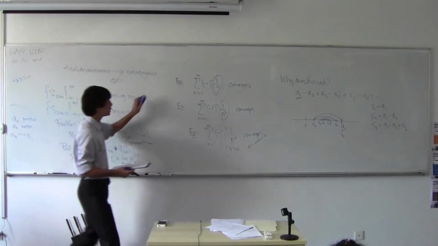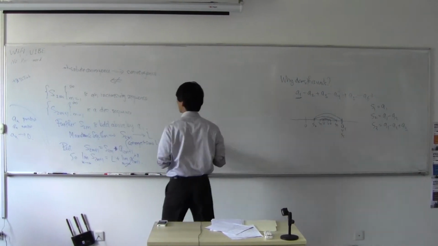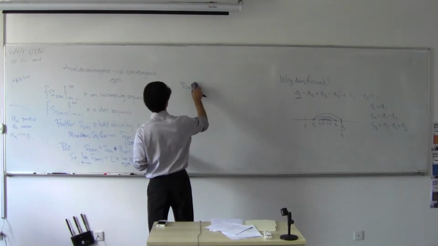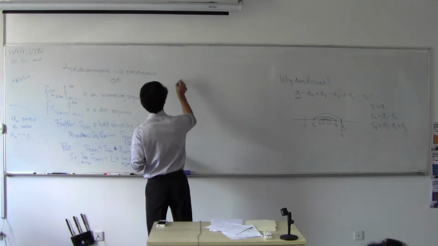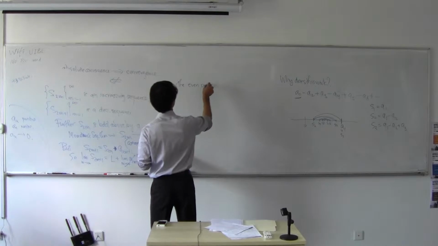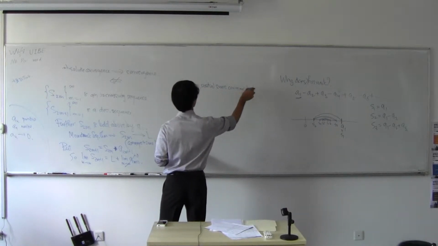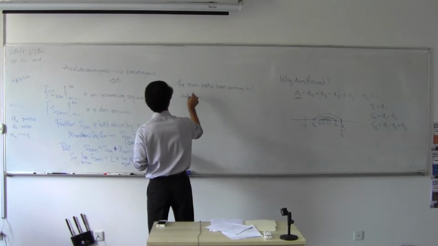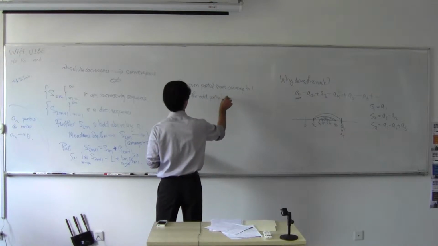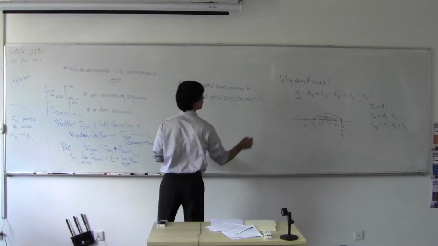Okay. So what you see is that S_{2m}, the even partial sums, converge to L, and the odd partial sums converge to L. Right?